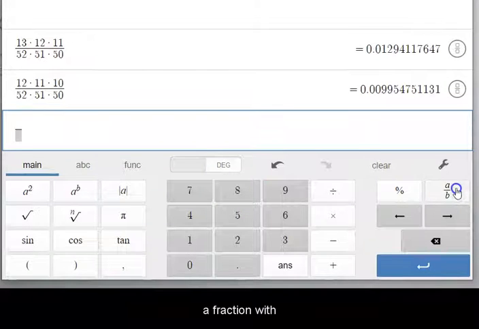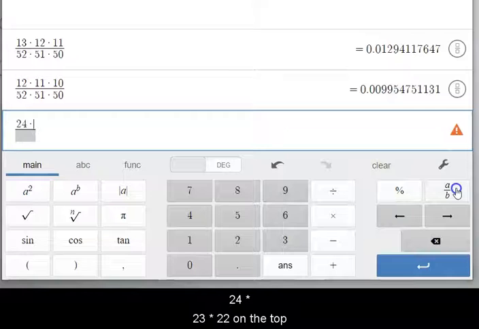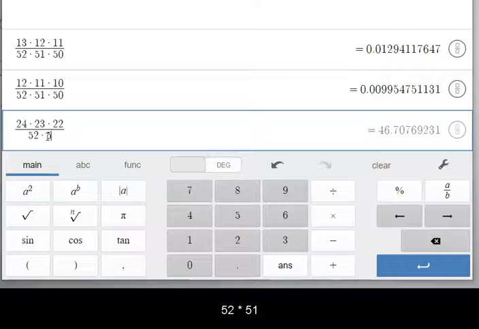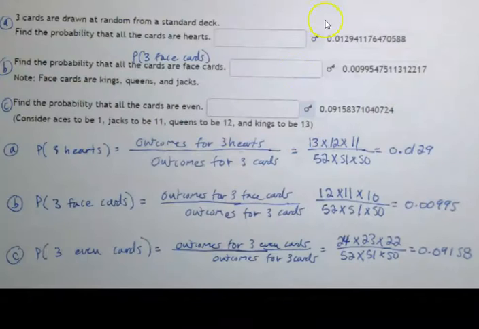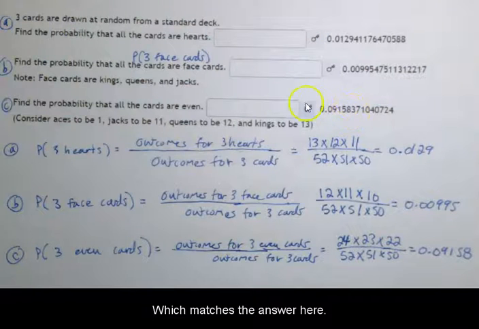A fraction with 24 times 23 times 22 on the top, and 52 times 51 times 50 on the bottom, 0.09158, or 9.2% probability, which matches the answer here, 0.09158.